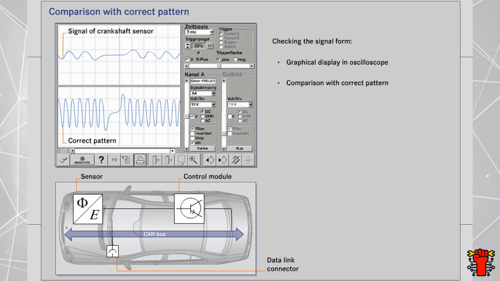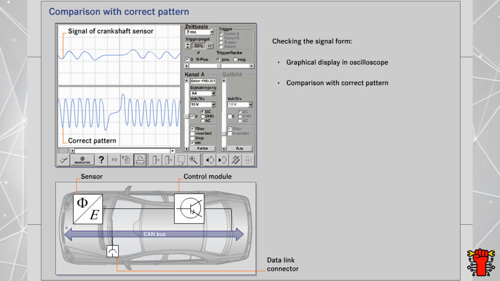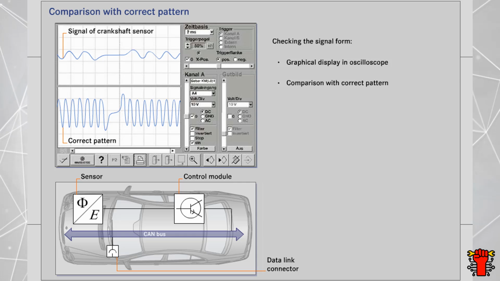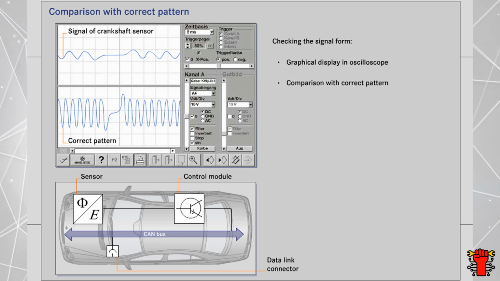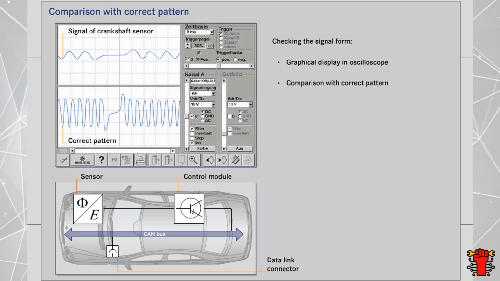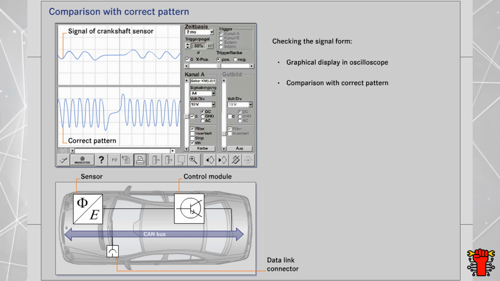Using these correct patterns, a quick decision can be made as to whether a sensor is working correctly. The details of the curve do not need to be analyzed. The example shows the sensor signal of the faulty crankshaft position sensor from the case study in Chapter 1. Its signal form clearly differs from the correct pattern.